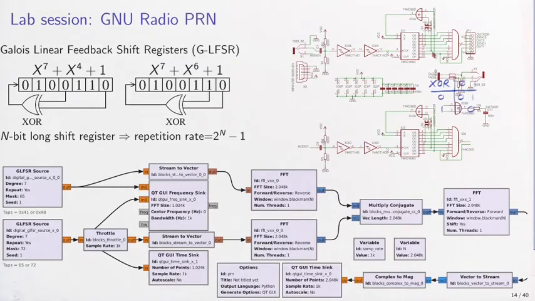These two tap positions can be selected using a switch, so that we have the two possible variants of this linear feedback shift register. And we have here a trigger signal, which is the NAND of all the outputs of the shift register, so that when we go through the all-ones state, we will have a 0 output over here, which is a trigger function to remember that the whole cycle is starting again.